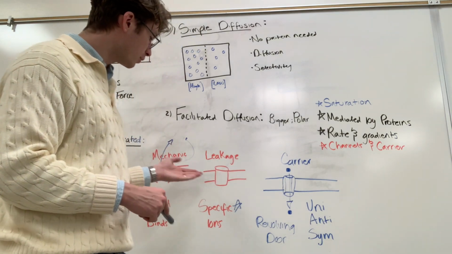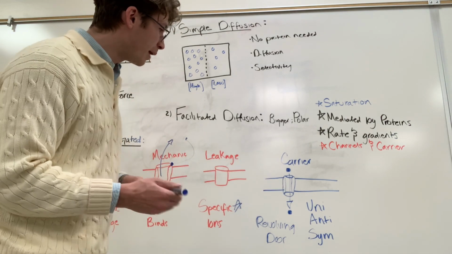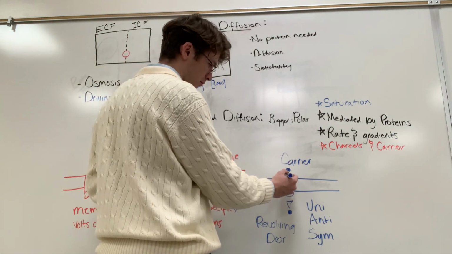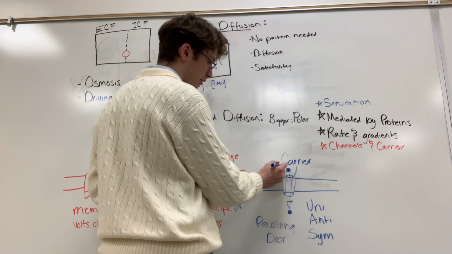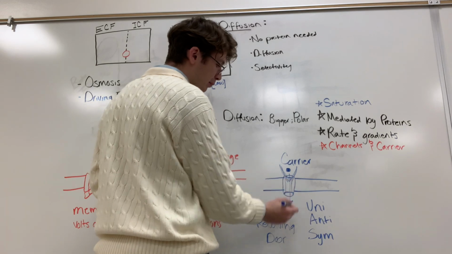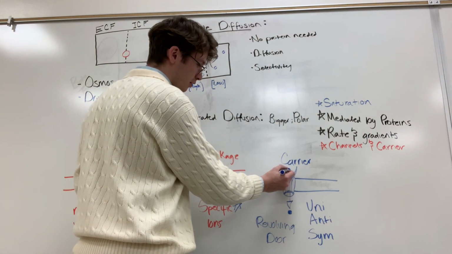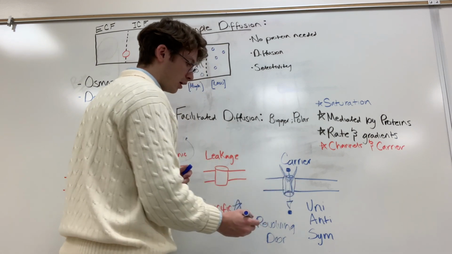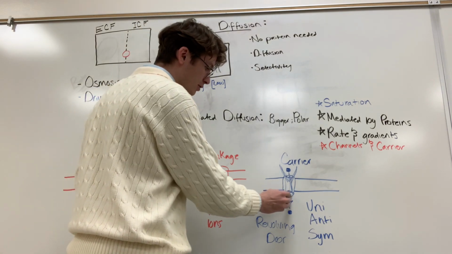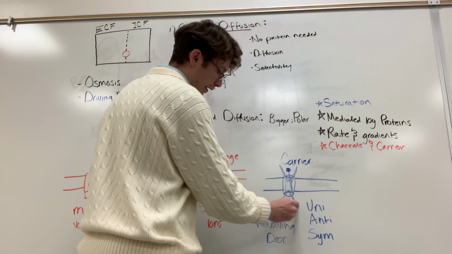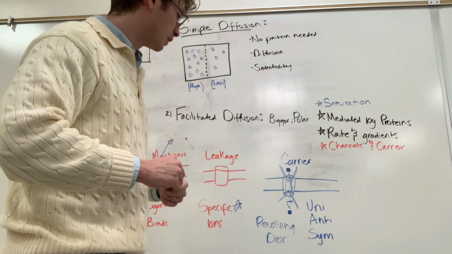It's not a leakage channel, so it's not constantly open. But what will happen is a protein will come down, and this gate will open up towards this protein. And when that happens, this other side closes so that that can occur. And as this protein goes down the concentration gradient, this other side's going to open and release that protein on the inside or outside of the cell.